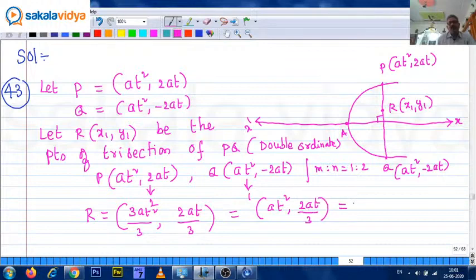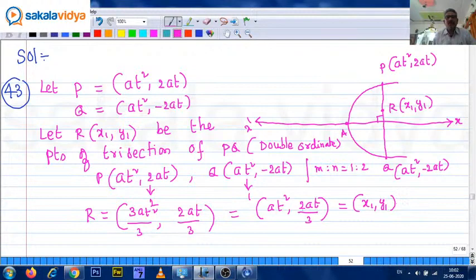But this is equal to x1, y1. So now we need to express in terms of x and y. (at square, 2at upon 3) equals (x1, y1).